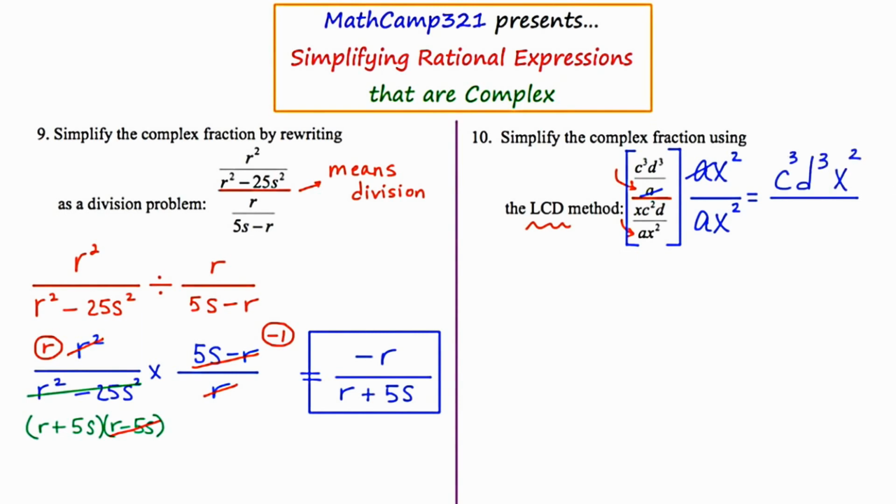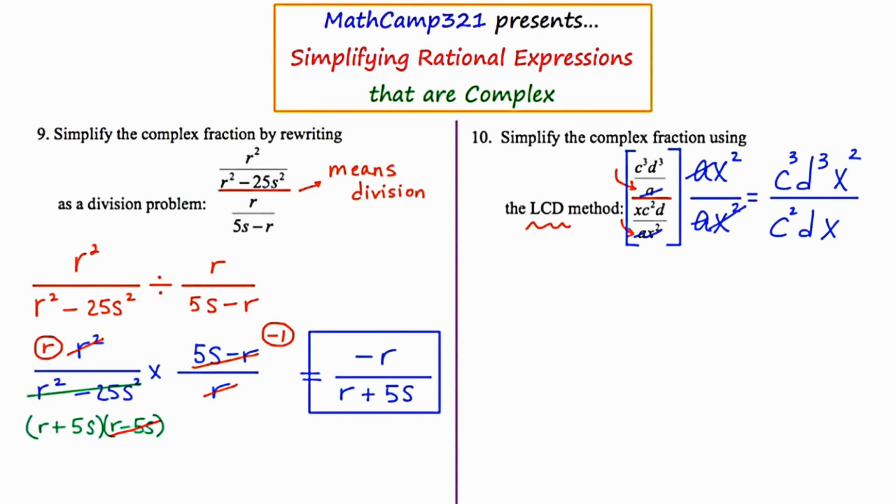Moving to the denominator now, if I multiply x c squared d over ax squared by ax squared, the denominator is going to cancel with the ax squared, the a with the a, and the x squared with the x squared. So I'm really just going to be left with c squared dx.